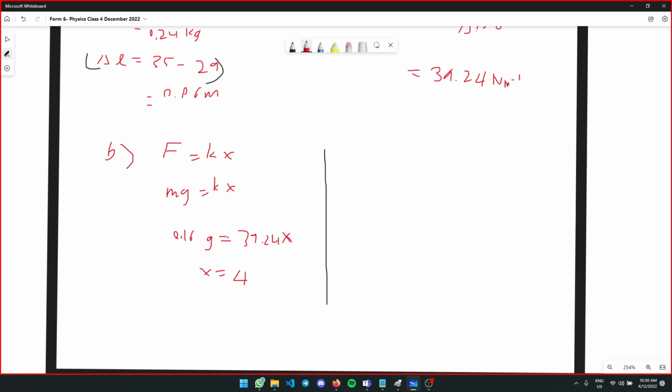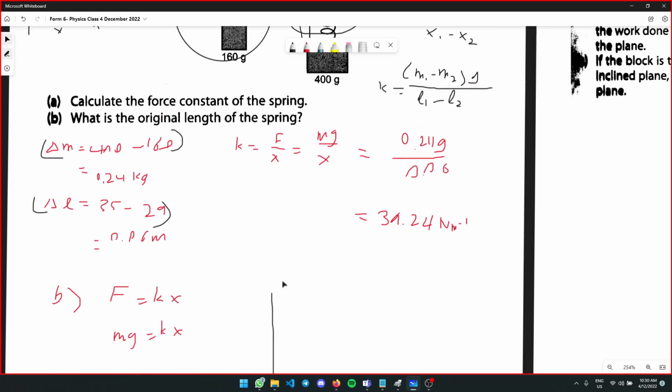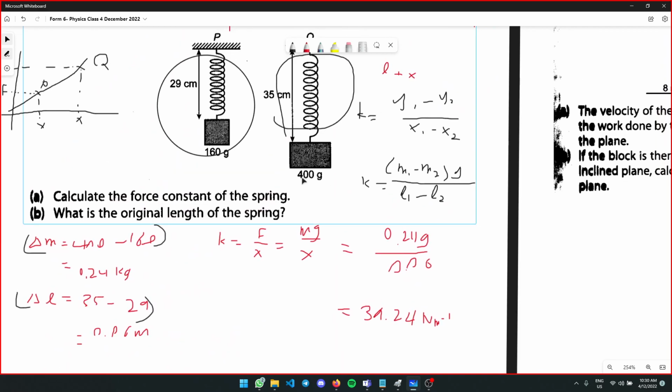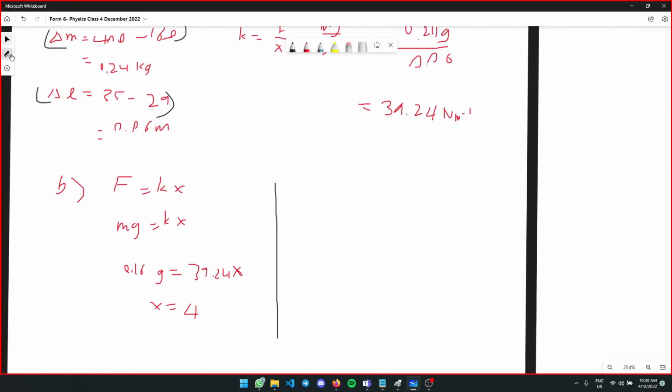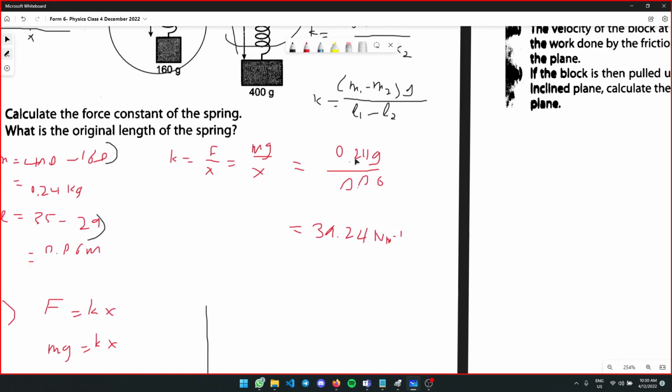We can do it for this one also, the other way. This is 400, right? I didn't get 39.24. What did you get? 24 over 0.06, because I did 0.24 times 9.81 over 0.06, right?